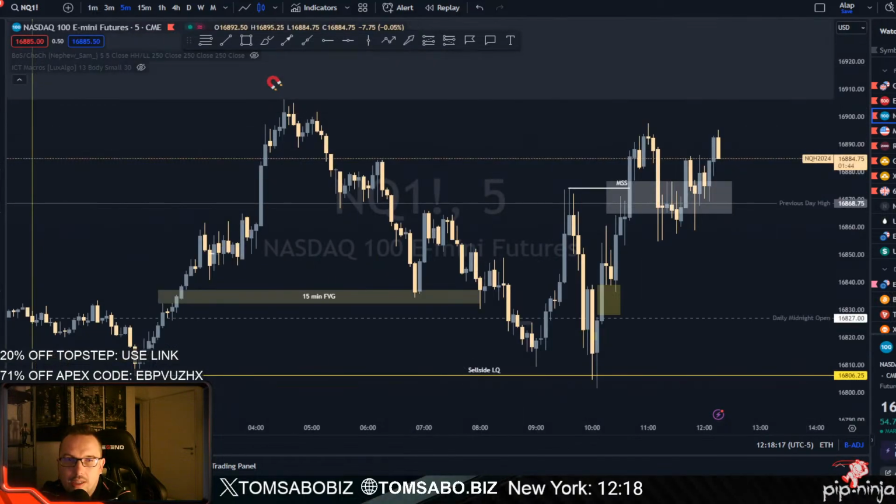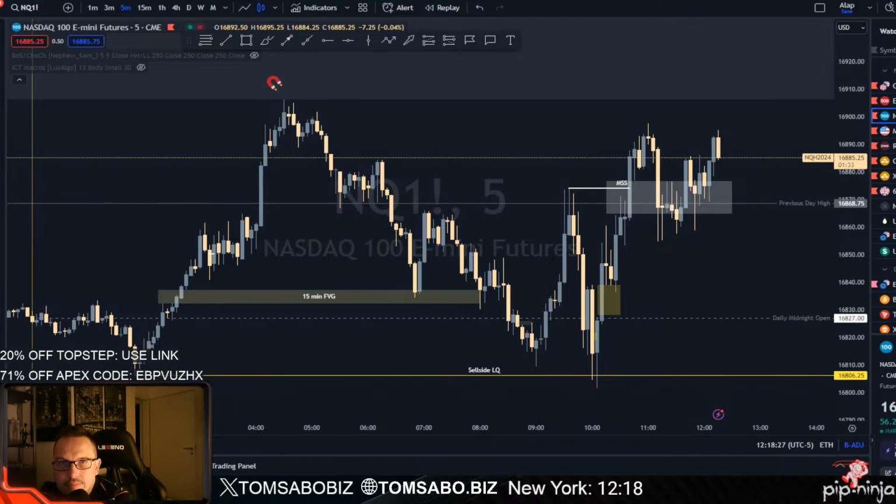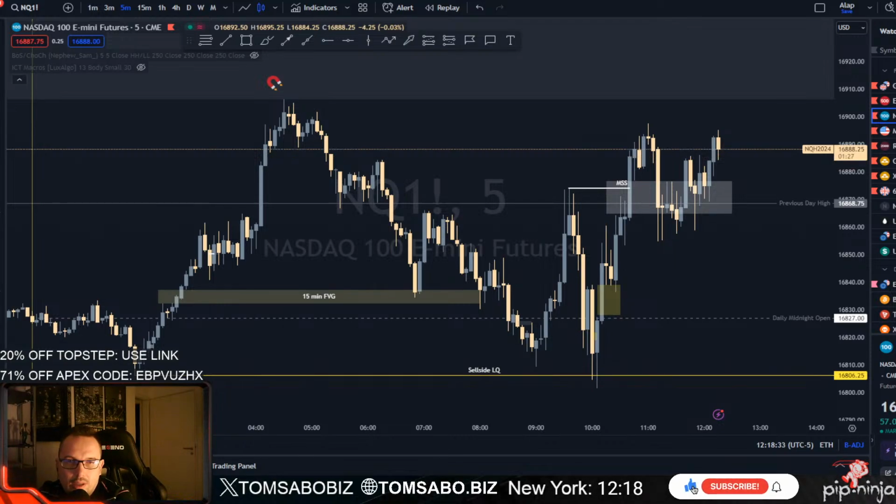It's having a hard time, for sure. Small bullish order block on the 1 minute. Let's see what it's gonna do. Is it gonna make a new high? Is it gonna go to the 900s or not?